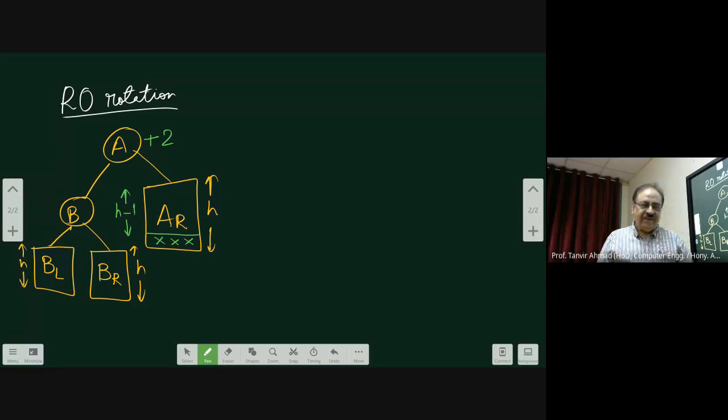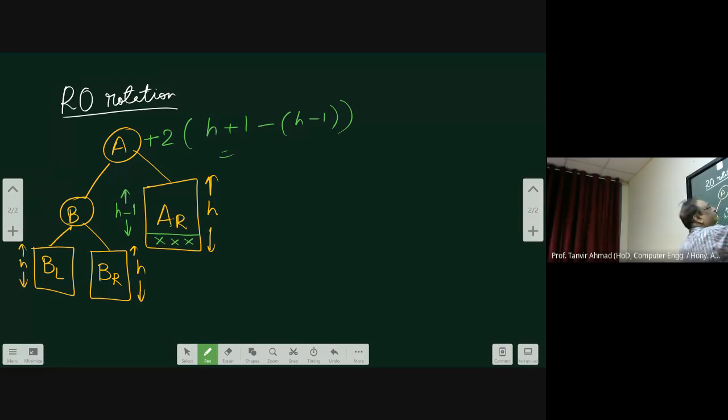Why? Left is h plus 1, right is h minus 1. Therefore, the balance factor is calculated as h plus 1 minus h minus 1. Correct? Height of left, h plus 1. Height of right, h minus 1. You find the difference between those two, it becomes plus 2.